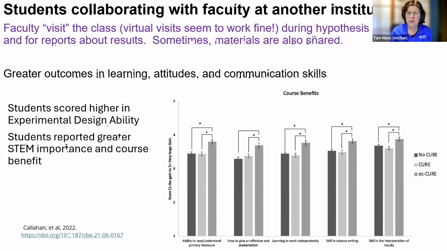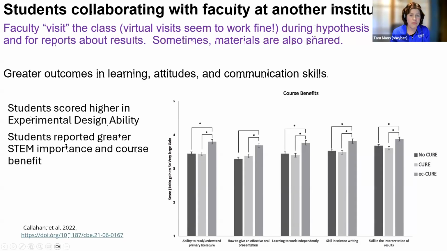And then in my case, at first the materials were also being shared across our labs. Many other people have done a similar arrangement, collaborating with at least a faculty member at another institution. And we had enough data that we could start to quantify that and do a comparison.